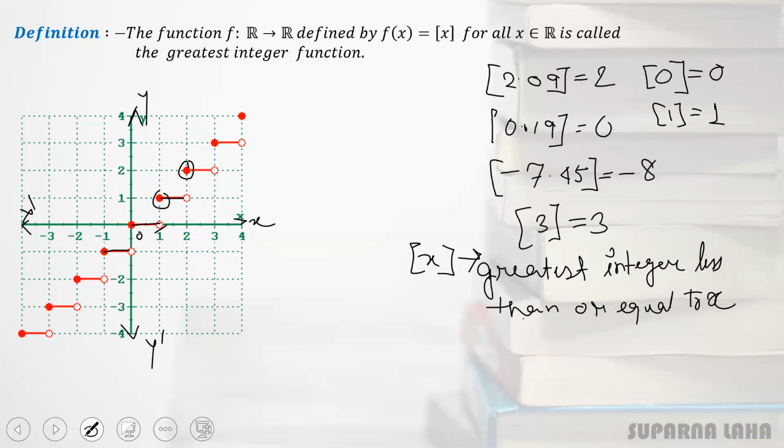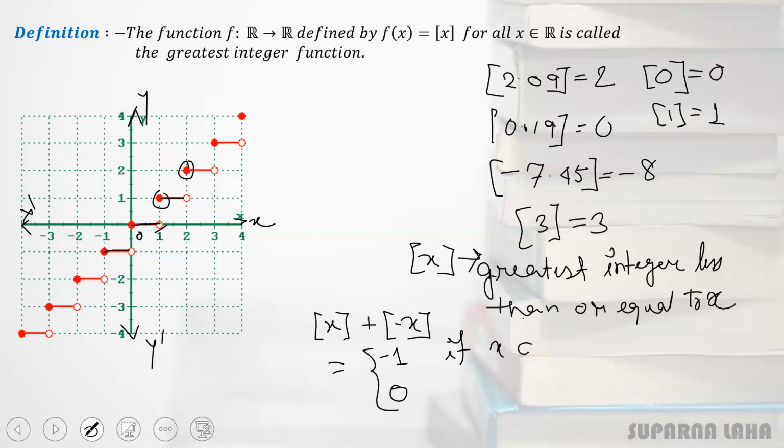Now, the addition of box x and box of minus x. What is the value? This value is given by either minus 1 or 0. How? When will it be minus 1?